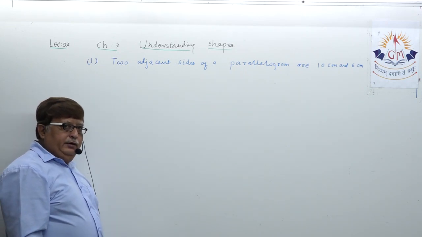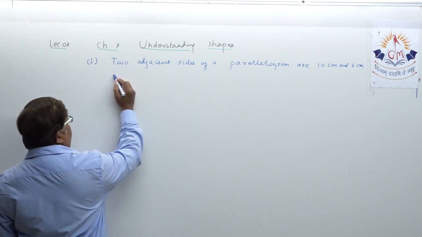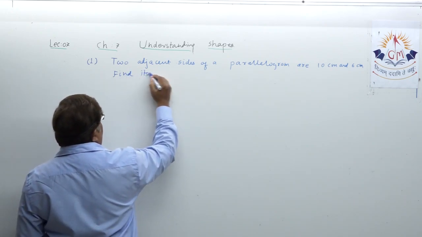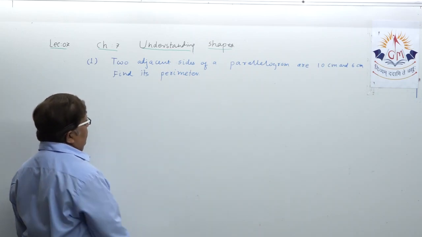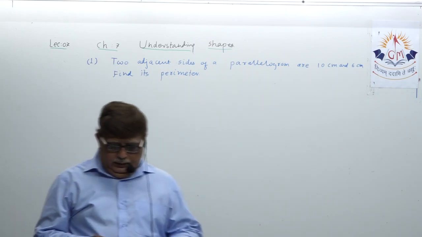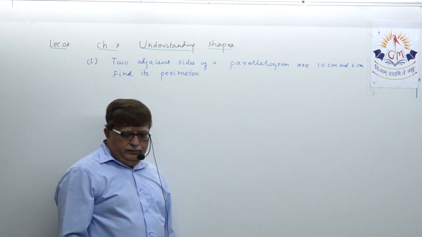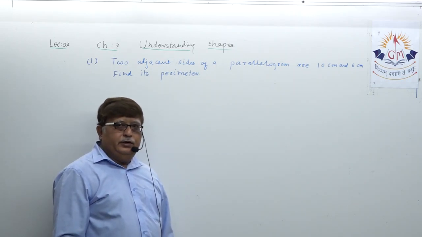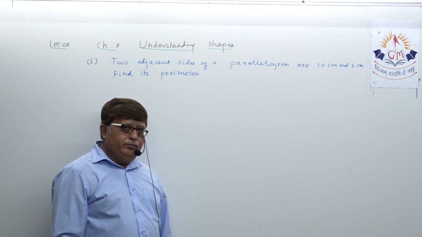Two adjacent sides of a parallelogram are 10 centimeter and 8 centimeter, then find its perimeter.